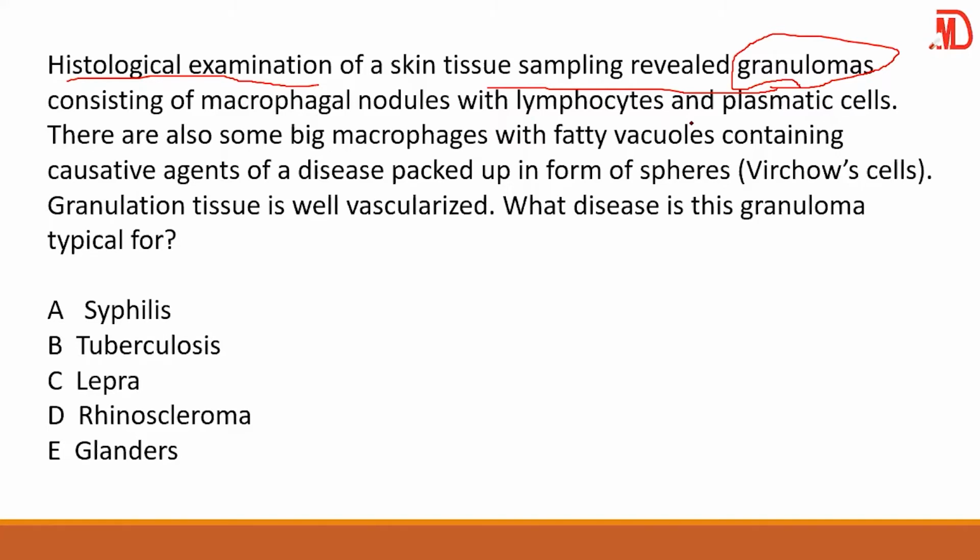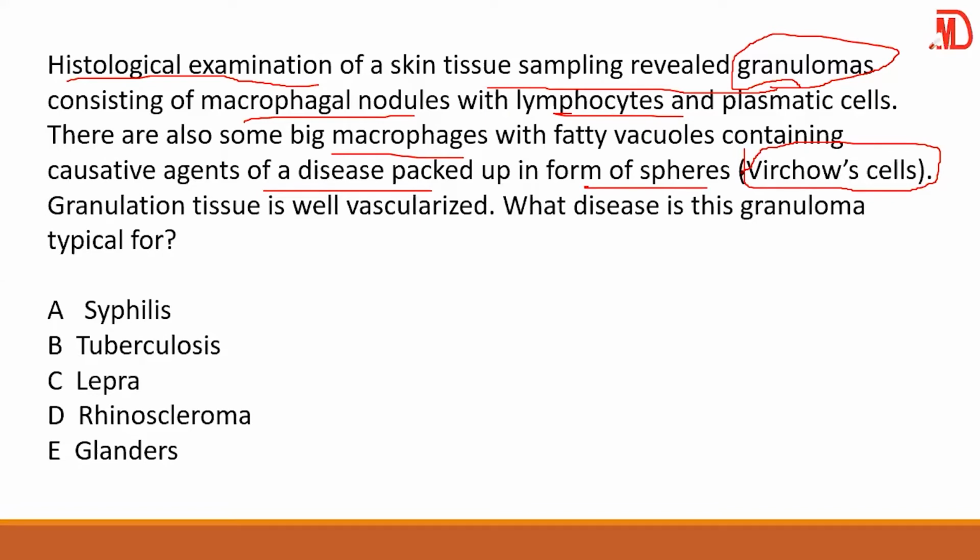Consisting of macrophageal nodules with lymphocytes and plasmatic cells. There are also some big macrophages with fatty vacuoles containing the causative agent of the disease packed up in the form of spheres. Do you remember Virchow's cells?